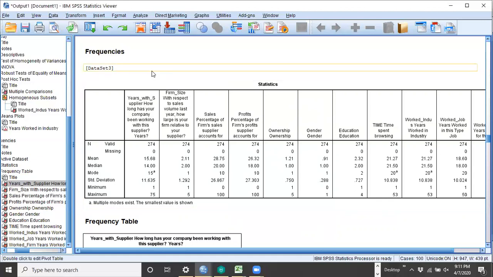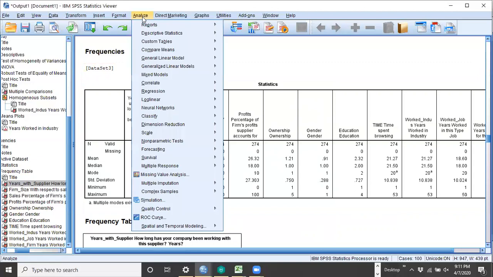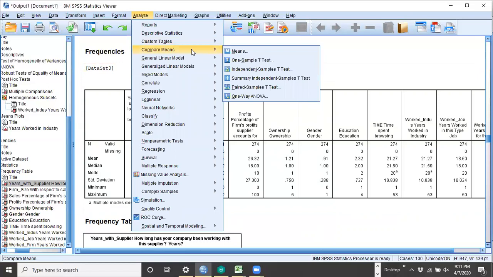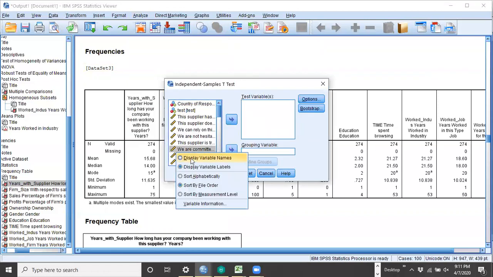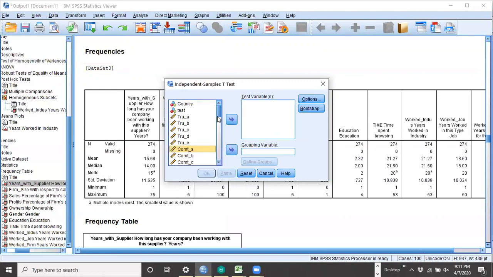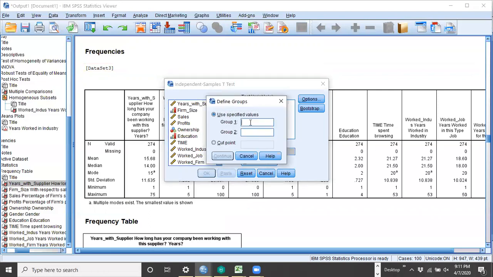Okay, so let's run it. Again, I assume that you already know how to run a t-test. So we are running a mean test. And I'm going to use gender as a predictor. And I previously checked that it is coded as 0 and 1.